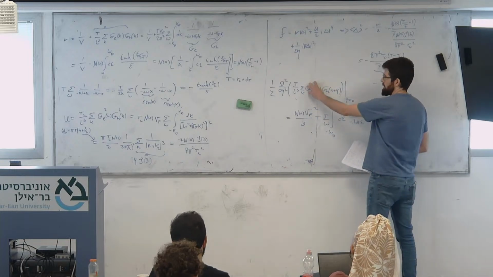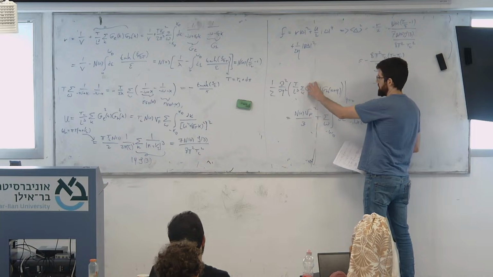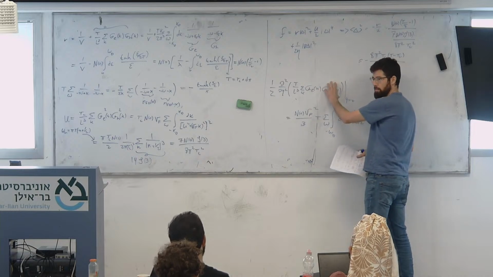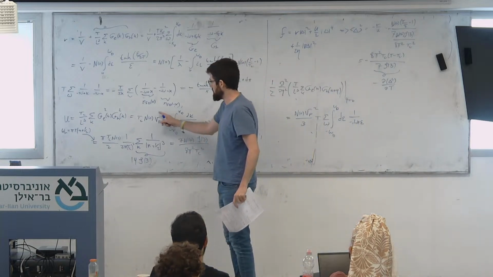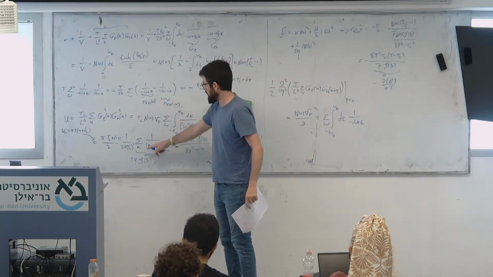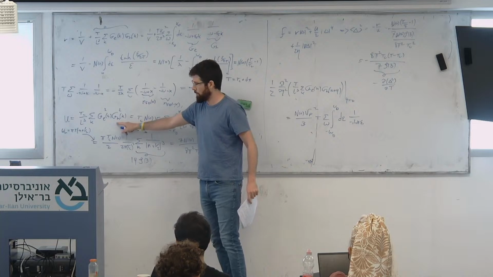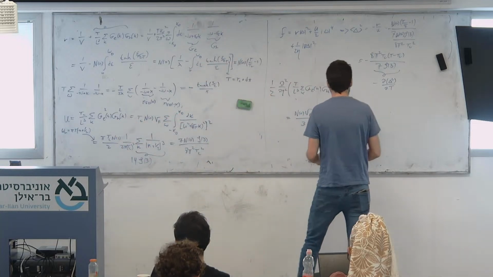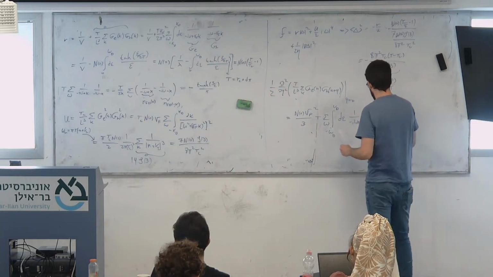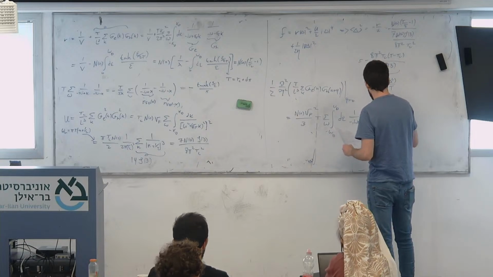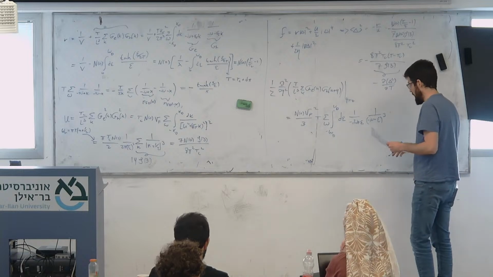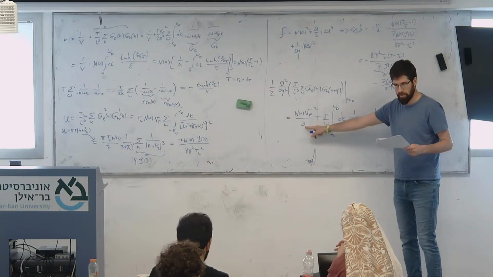This guy doesn't depend on q, so nothing is going to happen to it. This guy we take two derivatives, so we're going to get basically the same story as here, because we're going to get 3 factors of G. So we're going to get 1 over minus i omega minus epsilon cubed. And this 1 over 3 comes from these derivatives.